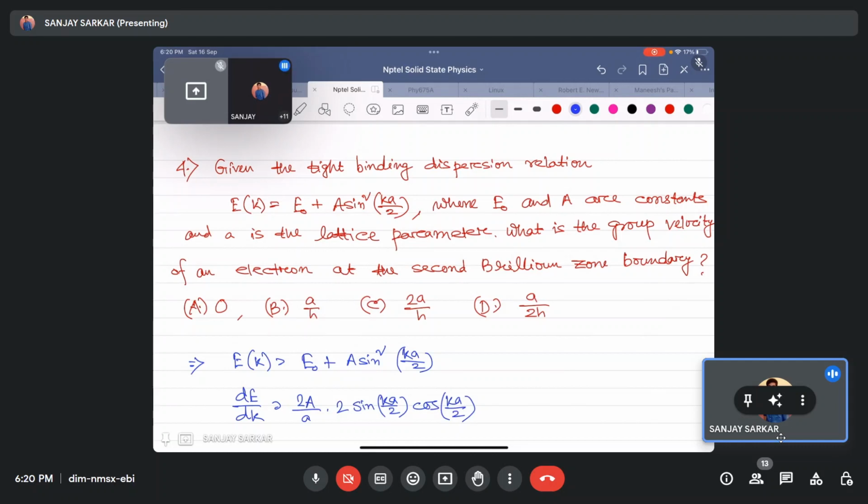I think I'm correct. So this factor is a by 2, not 2 by a. Is it correct?